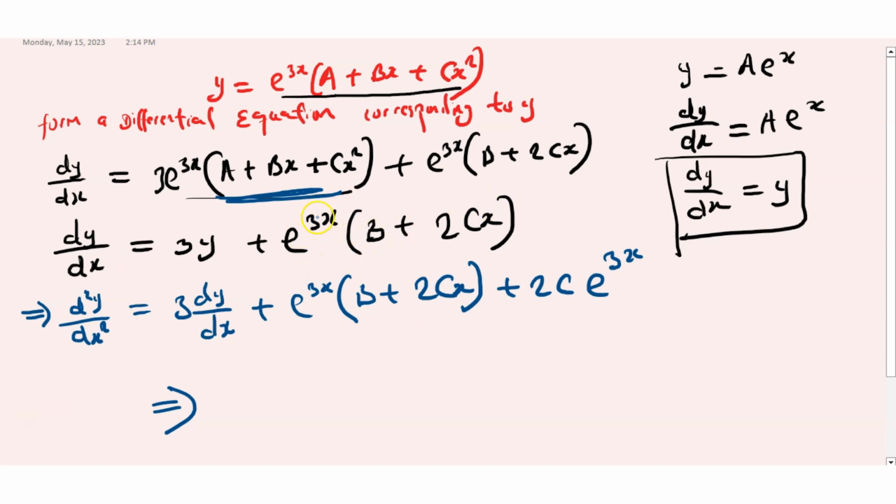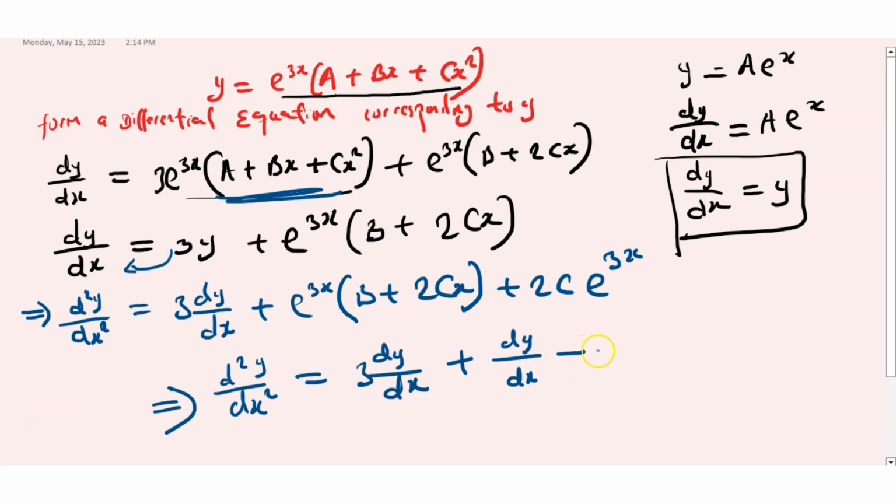Notice that e^(3x)(b + 2cx) is equal to, first of all, d^2y/dx^2 minus 3 dy/dx. Moving this over, this is equal to dy/dx minus 3y, then we have plus 2c e^(3x). Now here's what we did there.